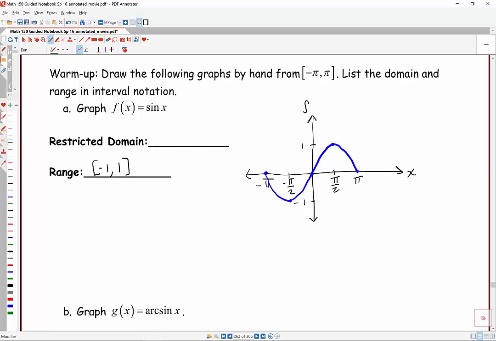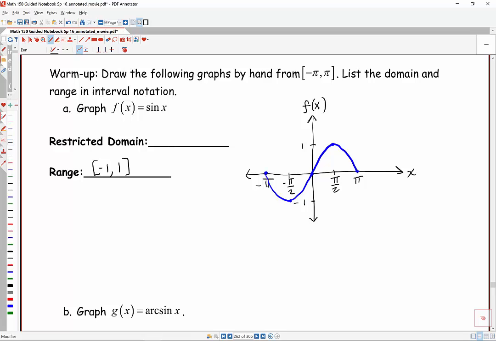Now, when I have restricted domain over here, what I'm after is, how could we make this guy 1 to 1? I mean, what domain values do we need to have as our inputs where we pass the horizontal line test? Because in order to have an inverse, you've got to have a 1 to 1 function.